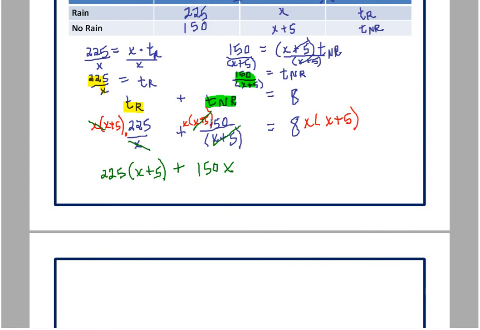I lost the 1 in there, but there is a 1. On the final term, nothing cancels, so I have 8x times x plus 5.